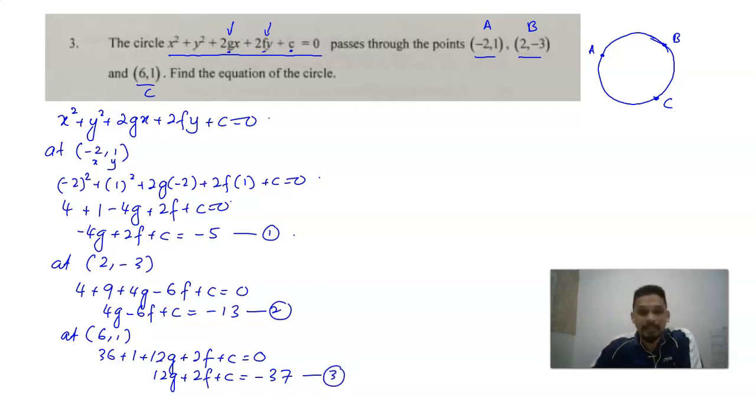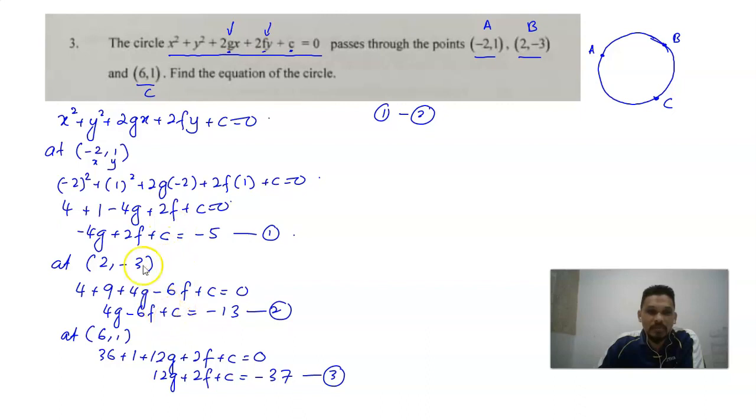Okay, so there are 3 different equations with 3 variables: g, f, and c. My suggestion is, let's come up with equation 1 minus equation 2. The reason is, c minus c equal to 0.